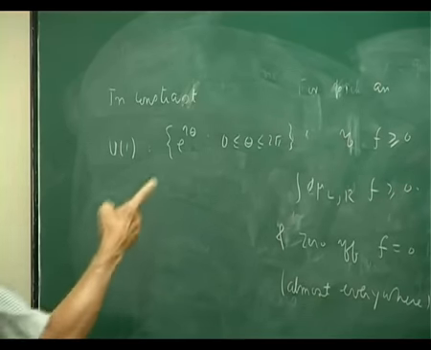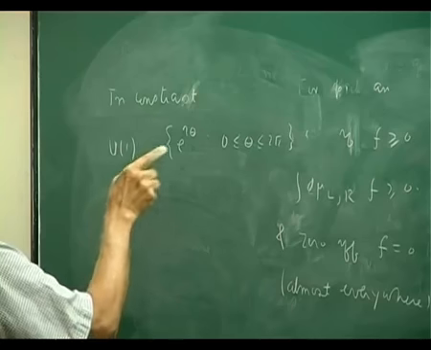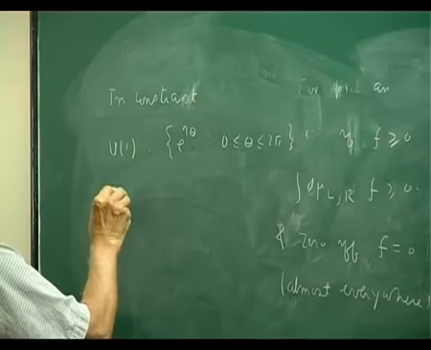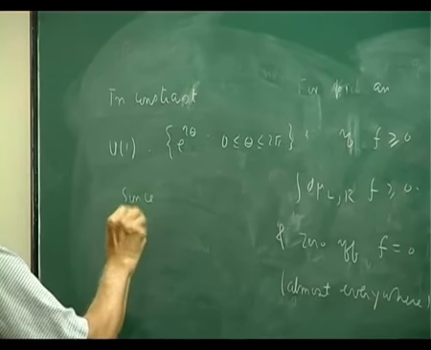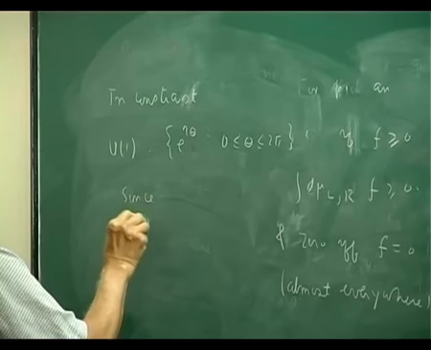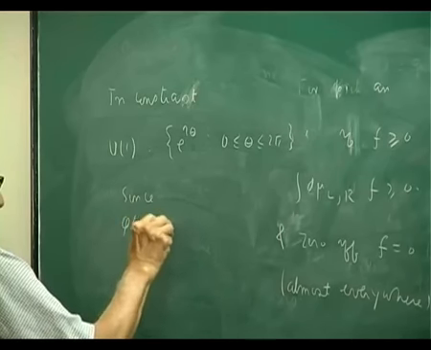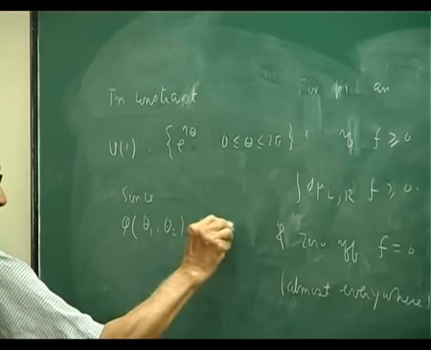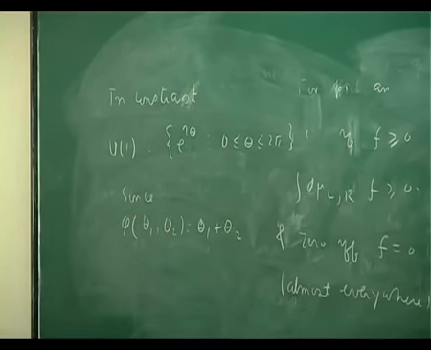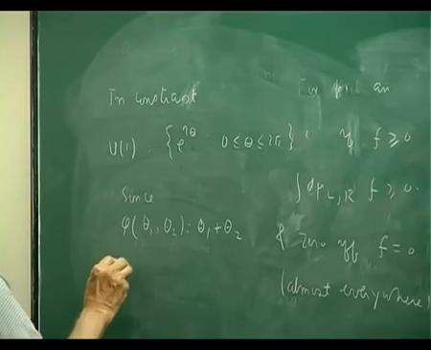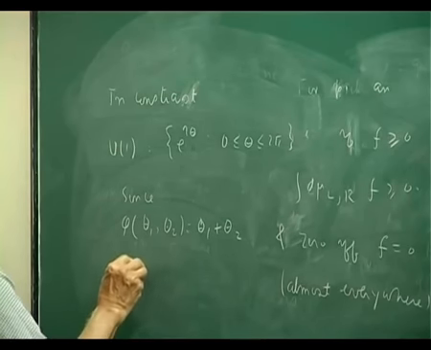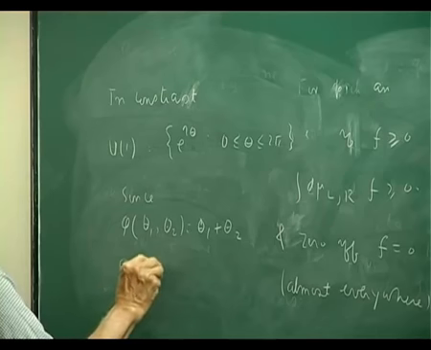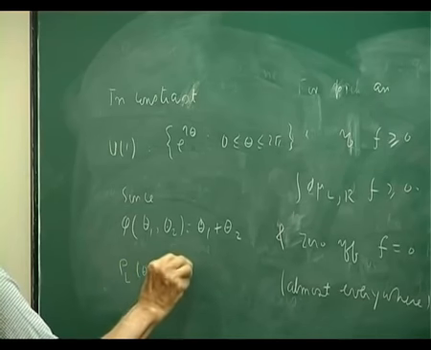But here, since the local coordinate is theta, and this equation is true for theta 1 plus theta 2, again rho L of theta is rho R of theta is equal to 1.